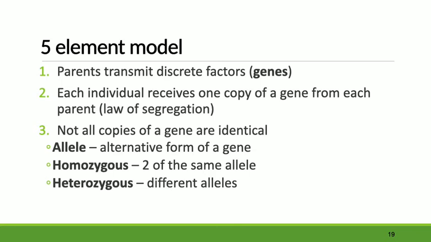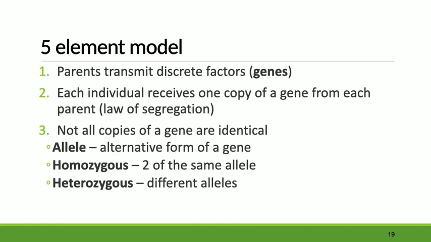This word did not exist in Mendel's time. Each individual, whether you're a pea plant or a human, receives 1 copy of a gene from each parent. And this is called the law of segregation. We're going to come back to it in a minute.